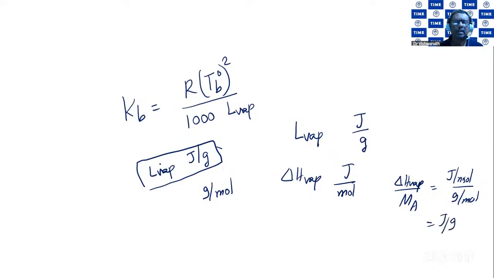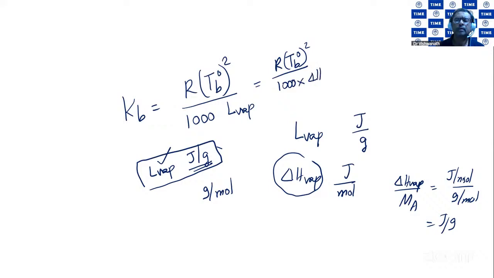So latent heat of vaporization is in joule per gram. So if you have delta H vaporization to be input into this, instead of latent heat of vaporization, I'll simply write R Tb naught square by 1000 into delta H vaporization into Ma. That is the molar mass of the solvent.